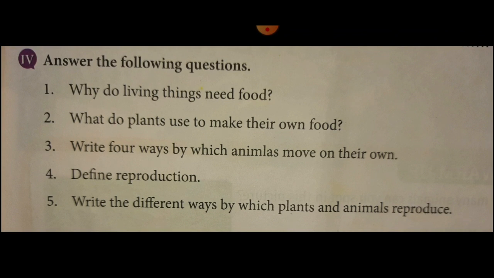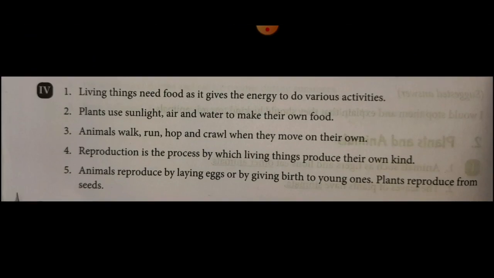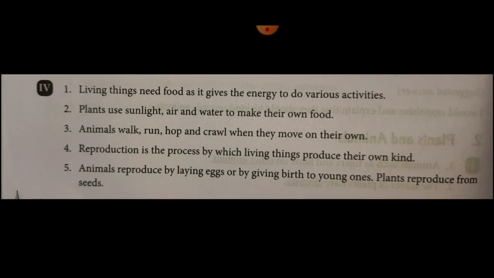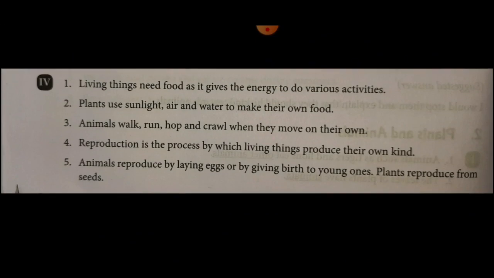Second question. What do plants use to make their own food? Read the answer. Plants use sunlight, air and water to make their own food. Next.